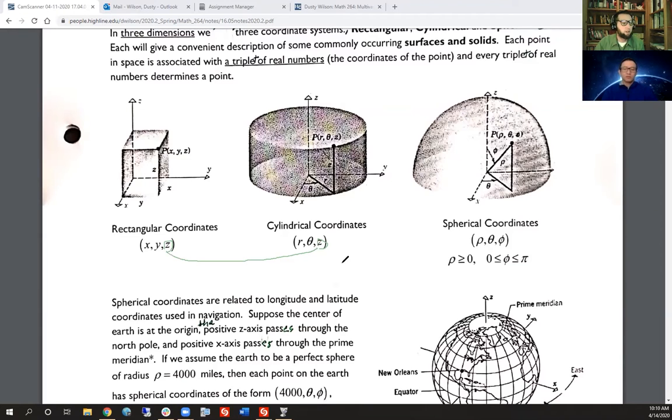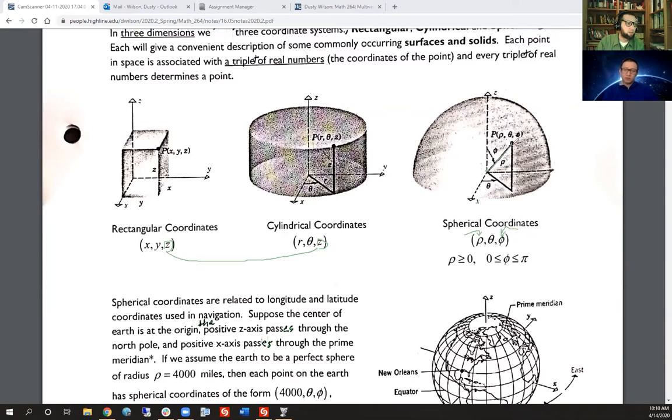Okay, so in spherical coordinates, we now have three variables: rho, theta, and phi. This is rho as in row, row, row your boat, and this is phi as in fee, fi, fo, fum. The rho is taking the place of our r, and basically it's the distance from the origin out to the point.